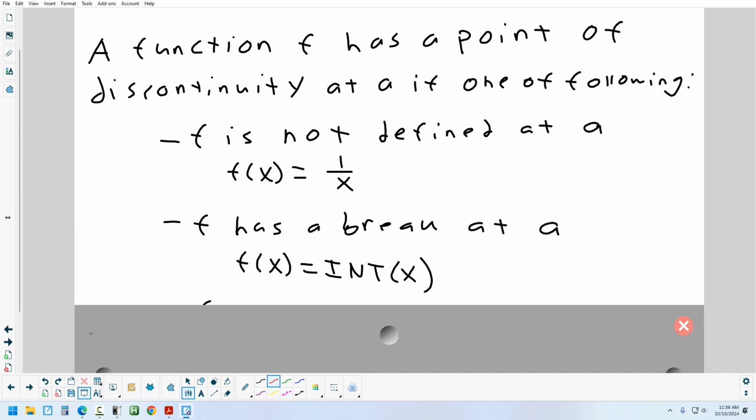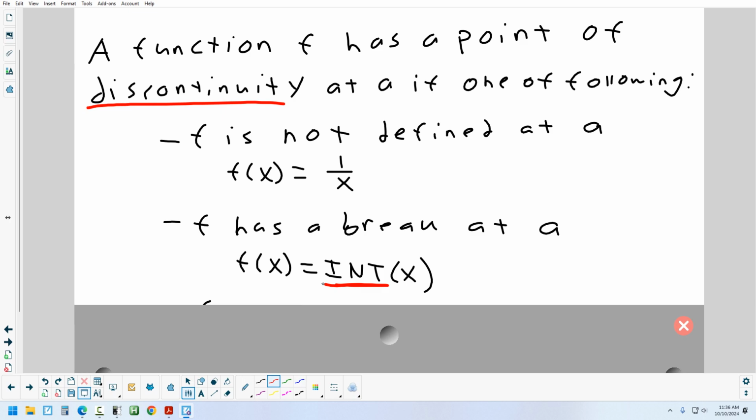Another way that you can have a discontinuity in a graph is with the integer function. That's a different kind of discontinuity than the first one. With the integer function, you are never dividing by 0. What does happen is the integer function rounds the answer without any decimals.